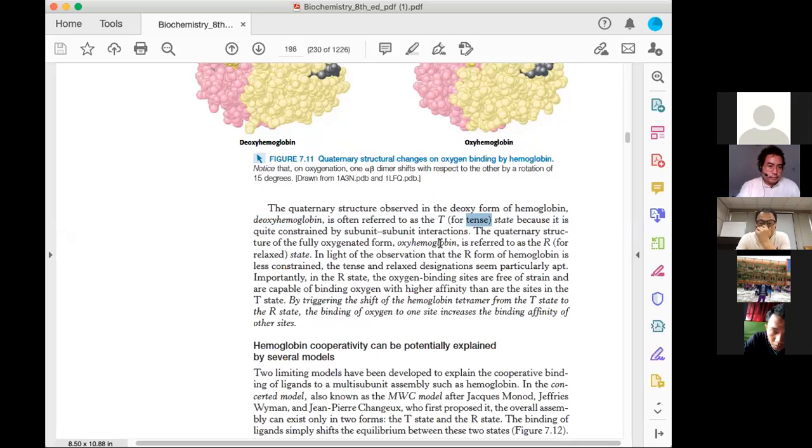And there's another term. When it is the fully oxygenated form, we call it oxyhemoglobin. It is referred to as R. So T and R represent the oxygen binding states.